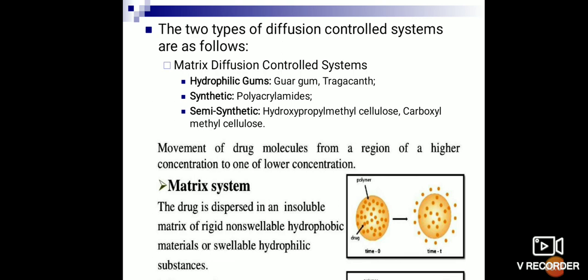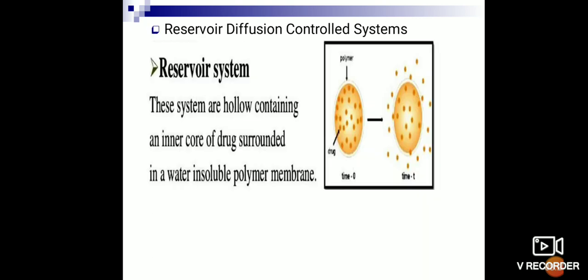In a matrix system, the drug is dispersed in an insoluble matrix of rigid non-soluble hydrophobic material or soluble hydrophobic substance. In a reservoir system, the drug is at the center and the outer part is polymer, which is either rigid, semi-permeable, or erodible.